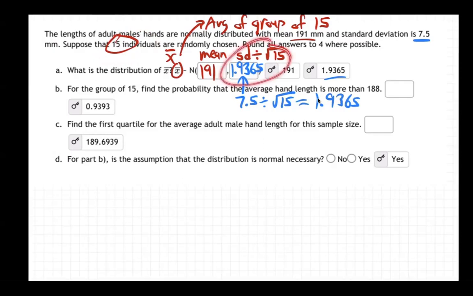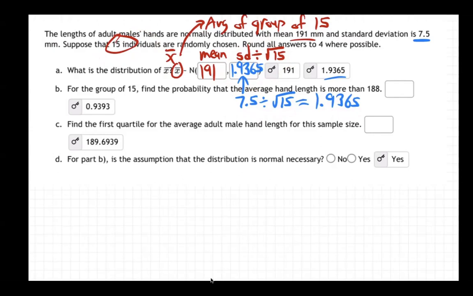The standard deviation is going to be whatever the standard deviation was before for individual hands, divided by the square root of the group size, divided by the square root of 15. So you got to remember the standard deviation changes for a group.